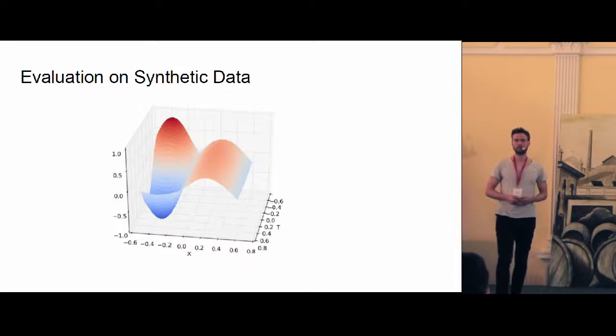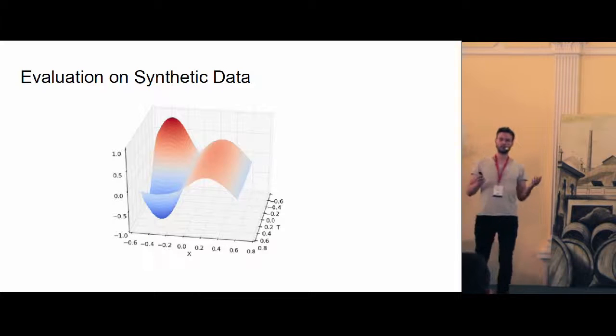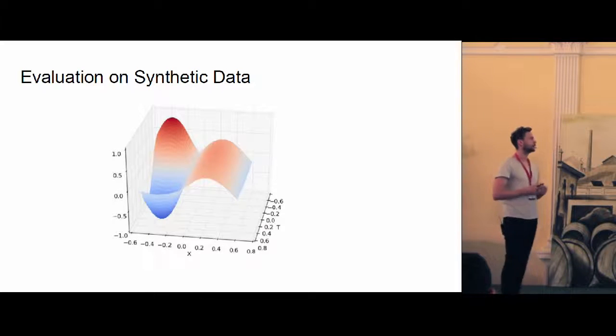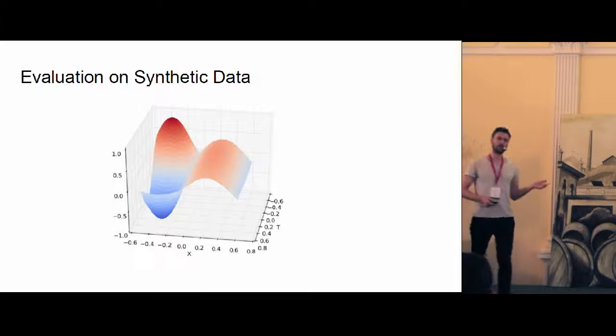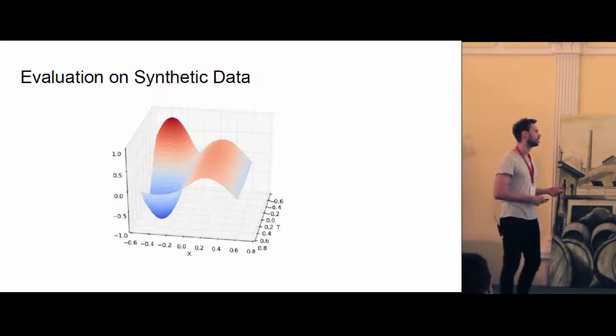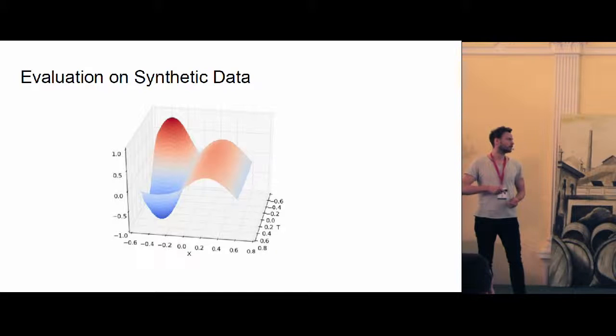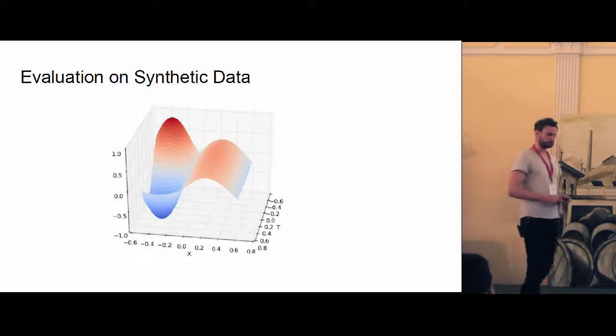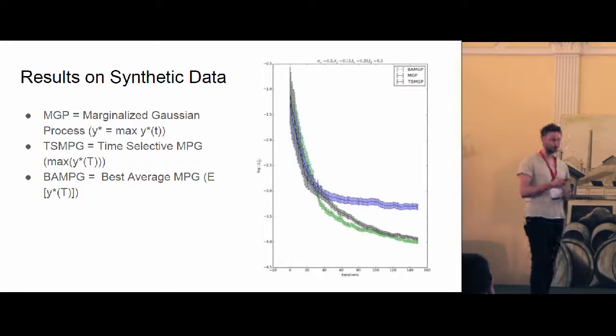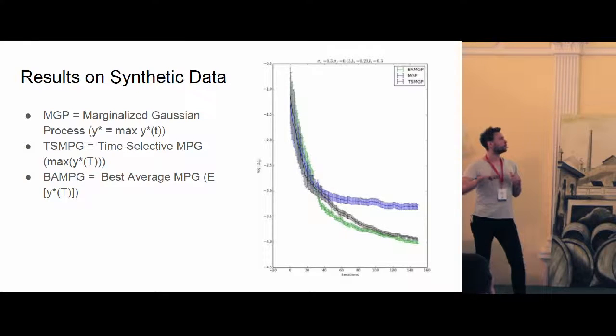So let's come to an evaluation. We evaluated on different data sets. First is a synthetic one, the one I showed you already. The interesting point is that even though the best parameter is here, we are actually more interested in the best parameter over time, which is somewhere here. So when you just use the best point, that is this line here, you don't really reach the best performance you could get.